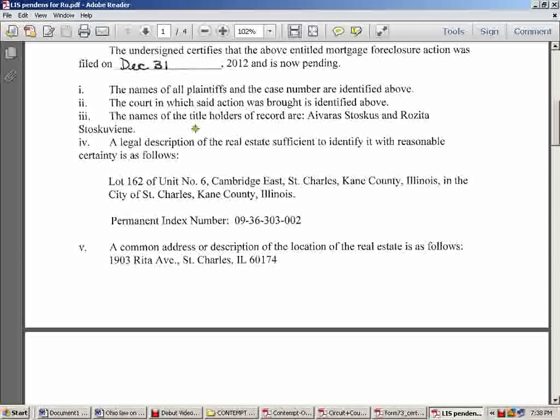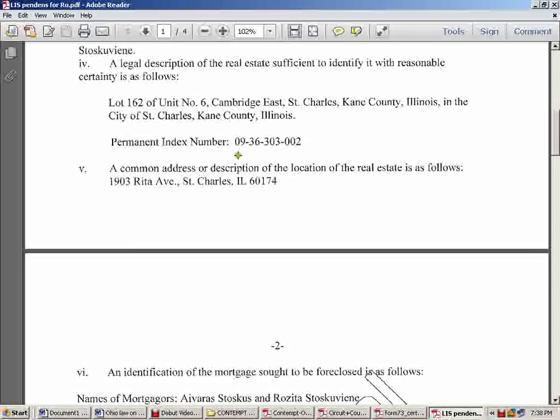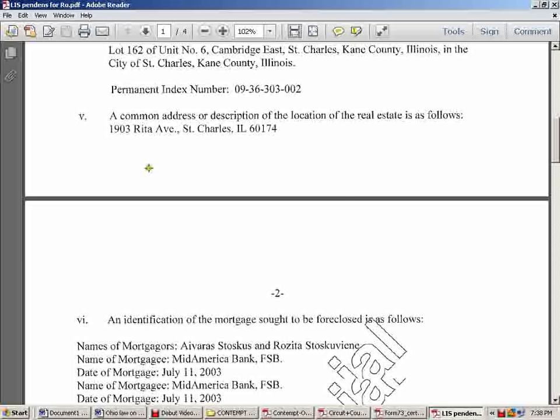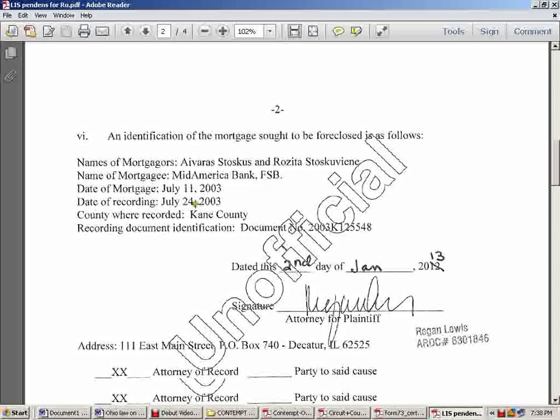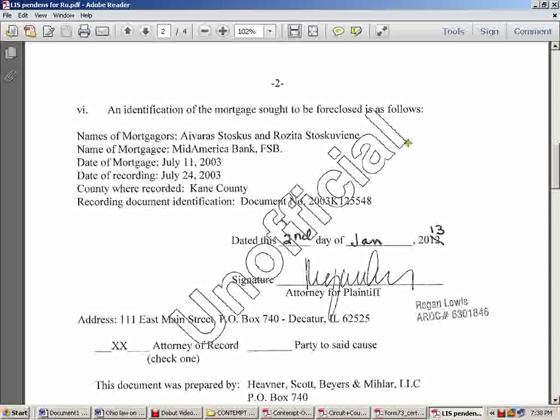Name of the title holders, legal description, permanent land index, common address. See, common address. Now we got the common address. Well, that's the street. You would think that's your mailing address. No, this is the common address. Identification of the mortgage sought to be foreclosed is as follows.